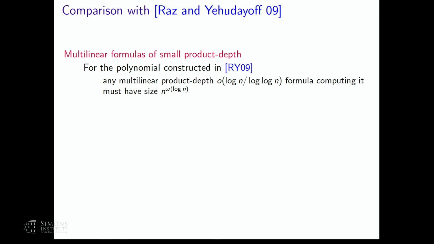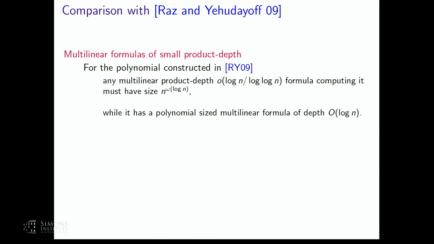They managed to construct a polynomial such that any multilinear product depth little o of log n by log n formula computing it must have size n to the omega log n, while it has a polynomial size multilinear formula of depth order log n. So this is again in the spirit of what we wanted.